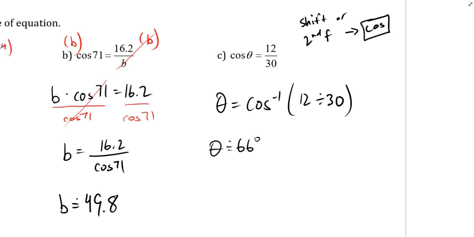On your calculator, if yours is not two-line, you might do it like this. So listen carefully. 12 divided by 30 equals, and then shift cos. So Jake, for you, you're going to go shift cos bracket.